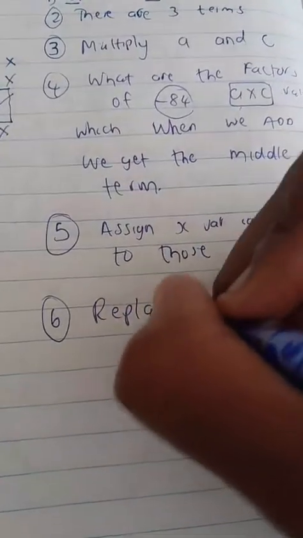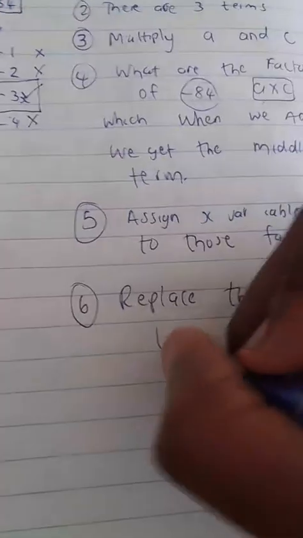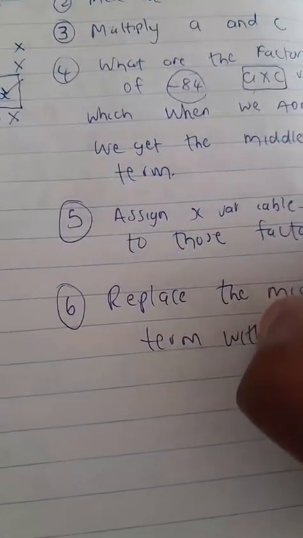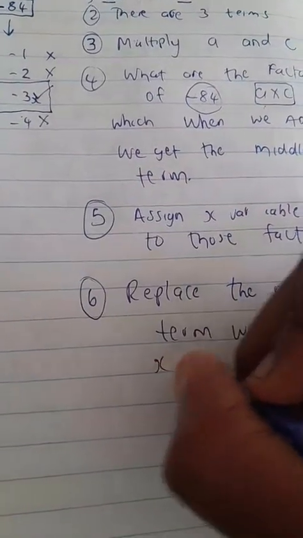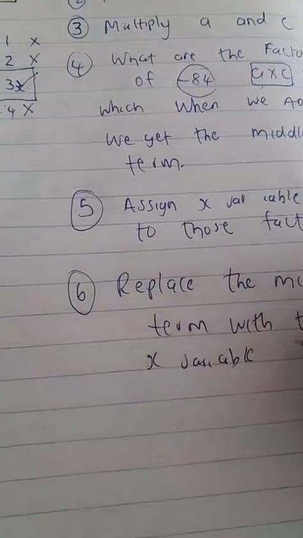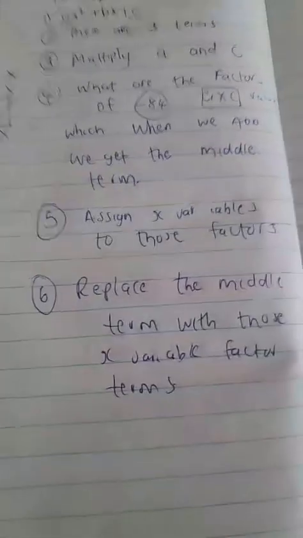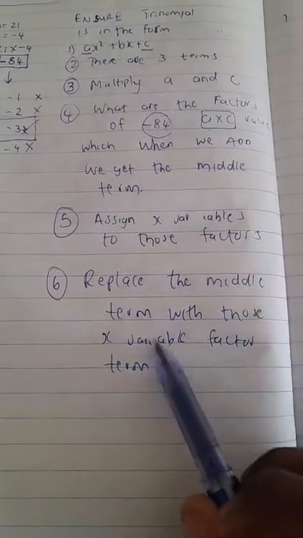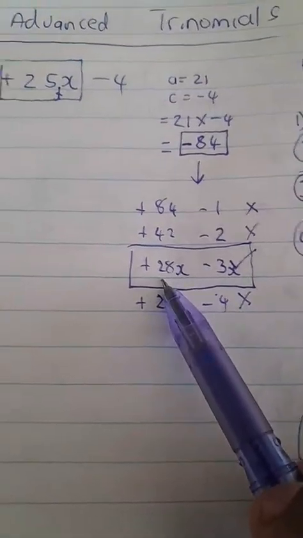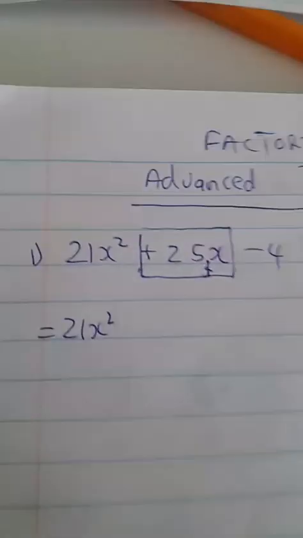Replace the middle term with those x variable factor terms. Where are the x variable factor terms? These ones. We are going to now rewrite our expression.